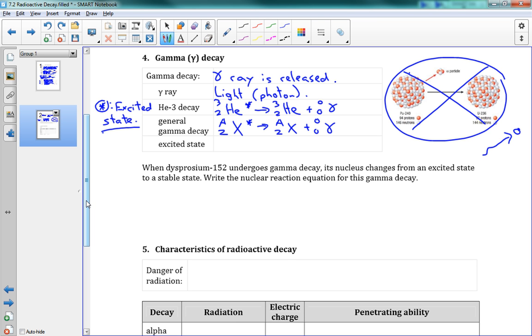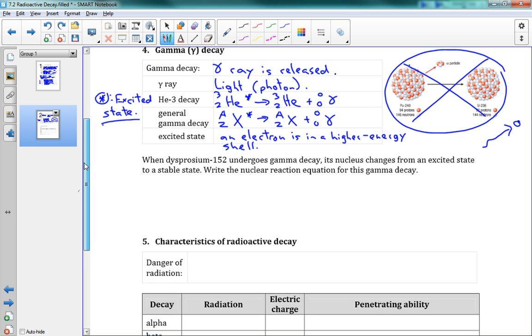So an excited state is where an electron is in a higher energy shell. It just popped up there and it's going to pop back down. Okay, so that's our gamma decay.